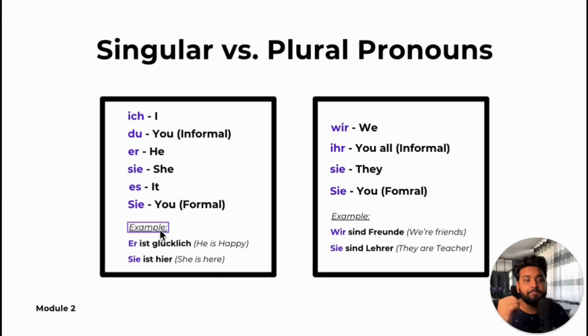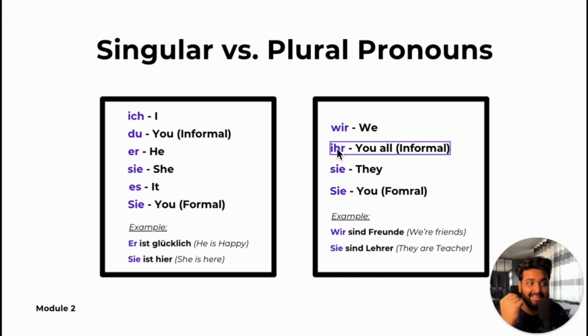For example, er ist glücklich. He is happy. Sie ist hier. This sie is used for she. The formal Sie is typically used if you don't know someone, or someone is older than you, or someone is your boss.